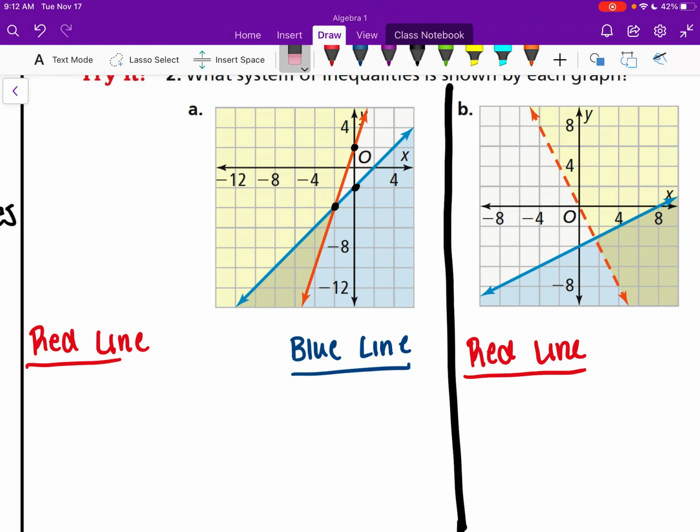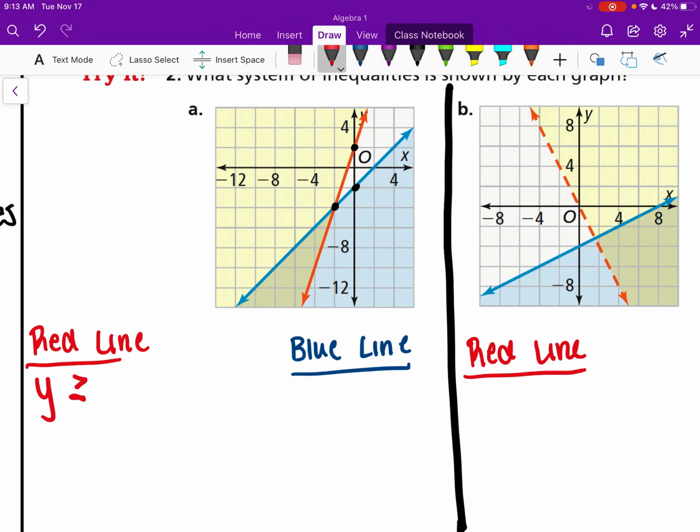Let's start with the red line, and notice it is a solid red line that is shaded above the graph. So if we're solid, we're going to have the or equal to, and if we're shaded above, we are greater. So that is greater than or equal to. We have our y is greater than or equal to.